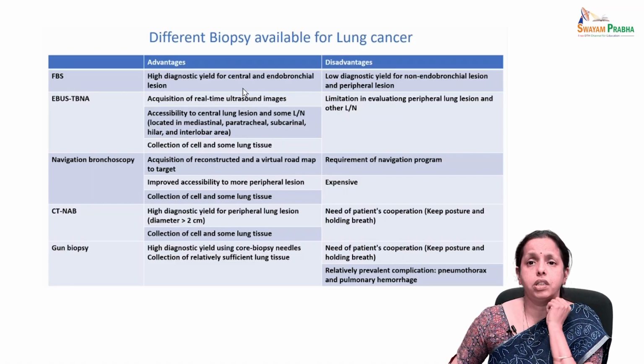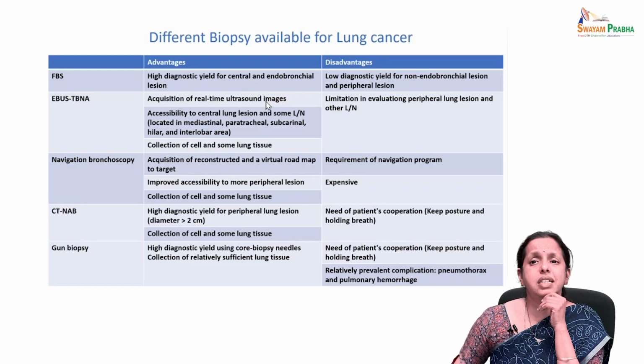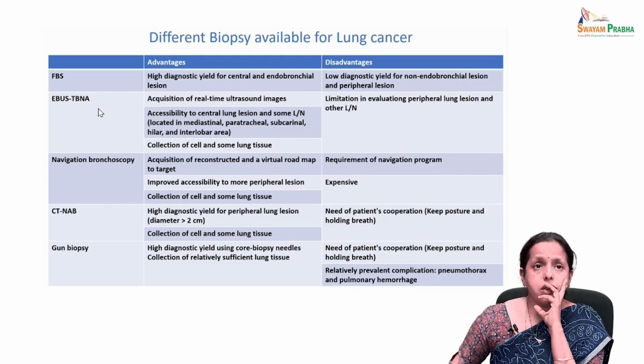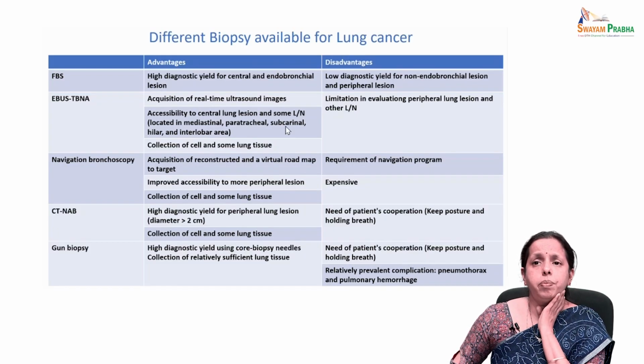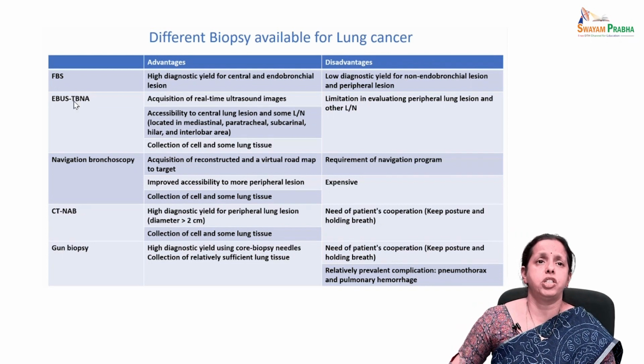It's very important. The diameter of a commercial FBS is usually around 6 mm. And EBUS-TBNA is nothing but endobronchial ultrasound guided transbronchial needle aspiration.